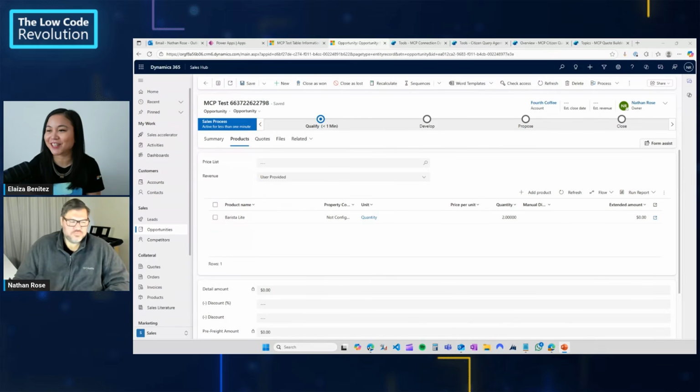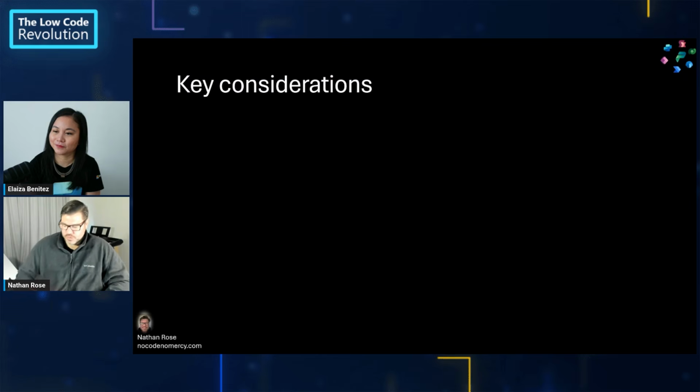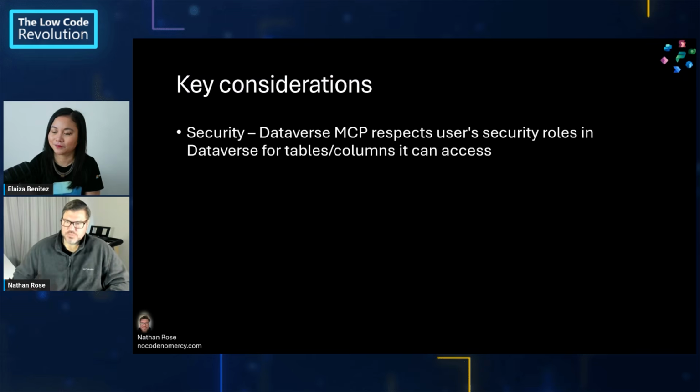So is there any limitations that our viewers should be aware of today? Yeah, great question, Eliza. So, a few considerations that you'll want to go through when you're using Dataverse MCP. Firstly, in terms of security, that is built into it in Copilot Studio. So, it respects the security roles of the user who is either interacting with it in a chat setting or triggering it agentically.